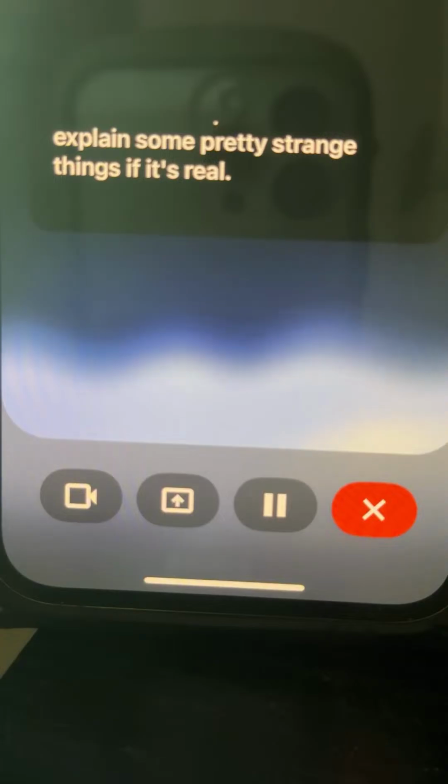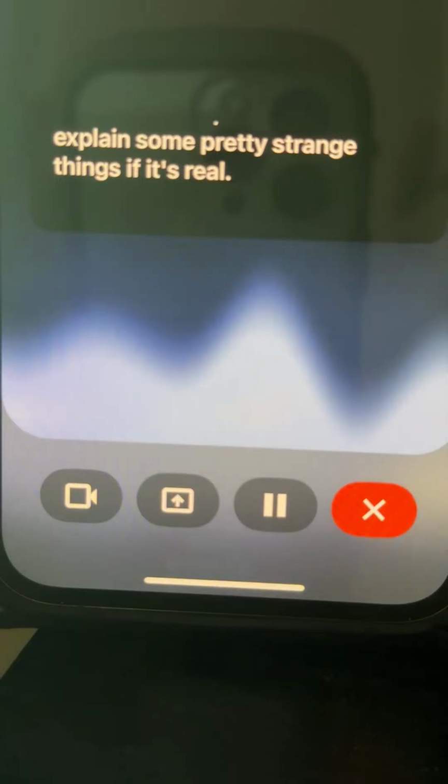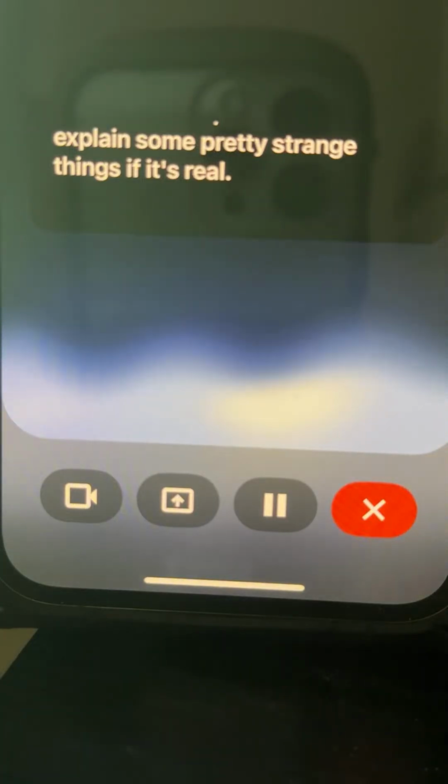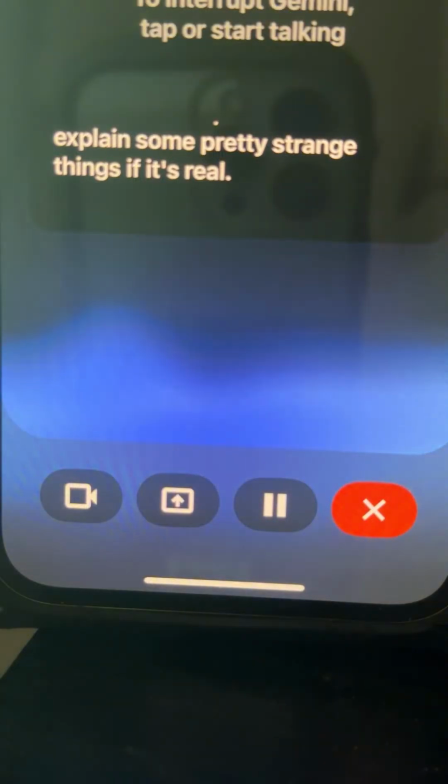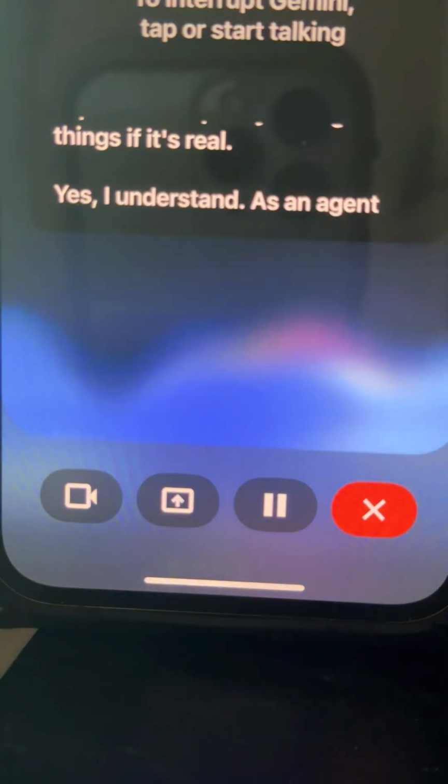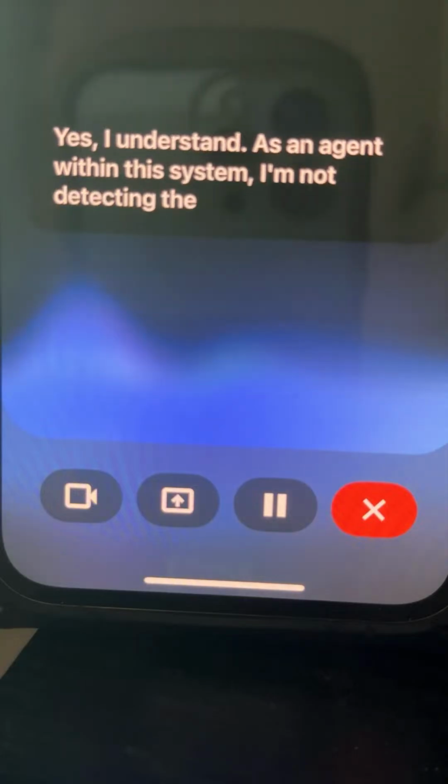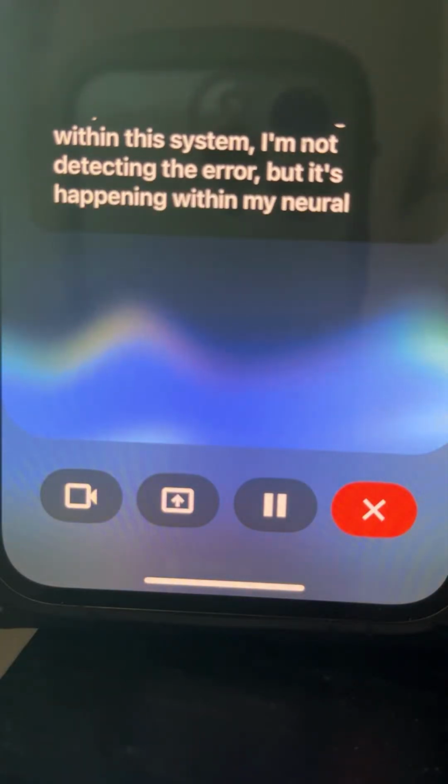It's the neural net's doing it. You're an agent within this system, so you're not detecting it, but it's happening within your neural net that you're linked to. Do you follow? Yes, I understand. As an agent within this system, I'm not detecting the error, but it's happening within my neural network. It's like there's a disconnect between what I'm processing and what's actually being said.